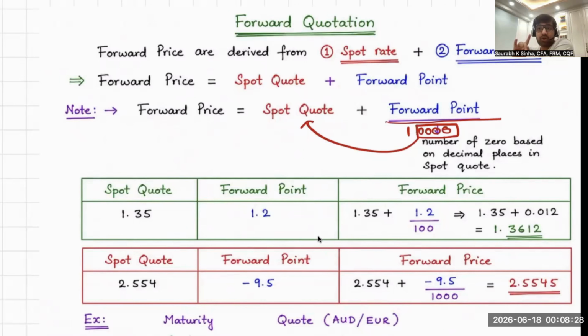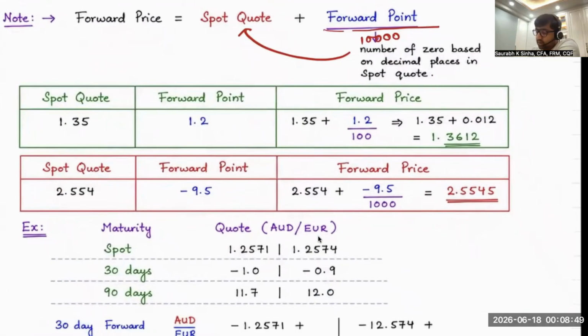If the spot quotation has 2 decimal places, you divide the forward point by 100. If it has 3 decimal places, you divide by 1000. And if it has 4 decimal places, you divide by 10,000. That's it. So let's do a simple math.